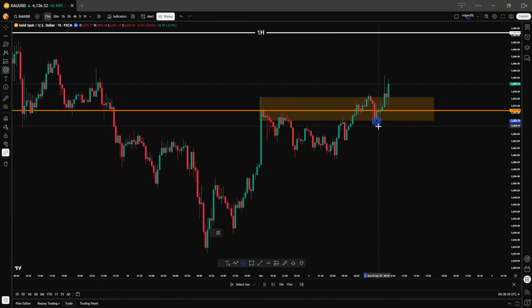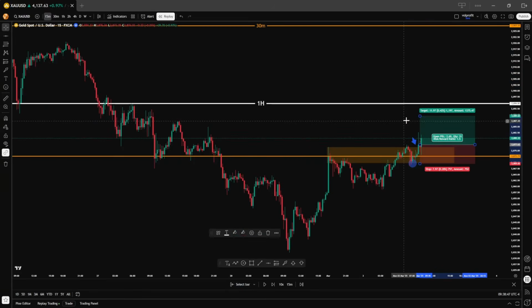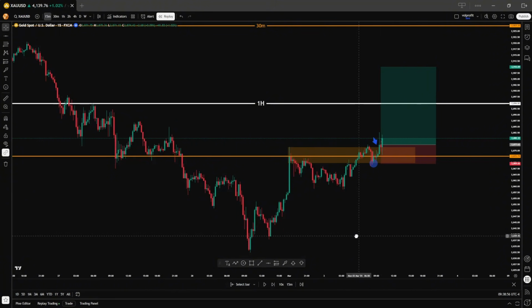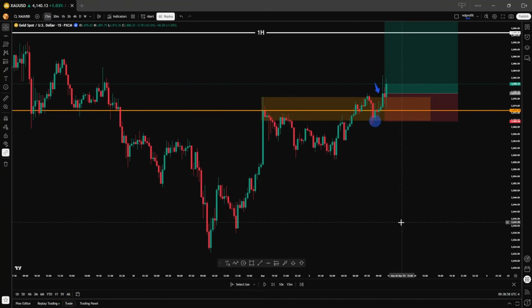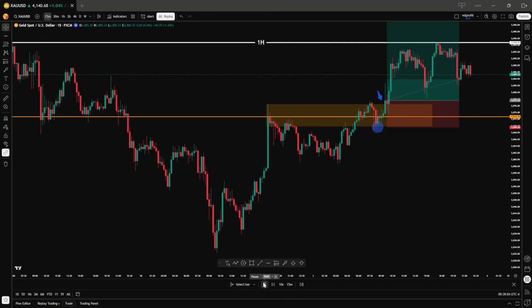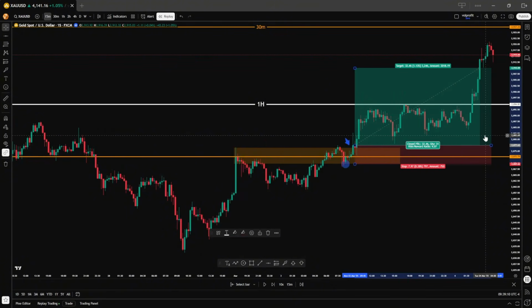So, here price pulls back to our zone, we see a bullish engulfing candle, we enter right there, set the stop loss below the zone, and target a 1 to 4 risk to reward ratio. Let's see what happens. Nice! It hit our target perfectly.